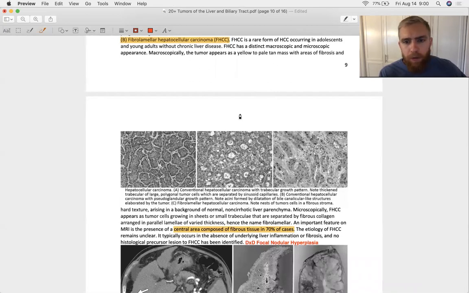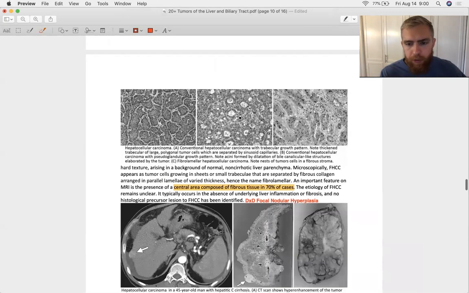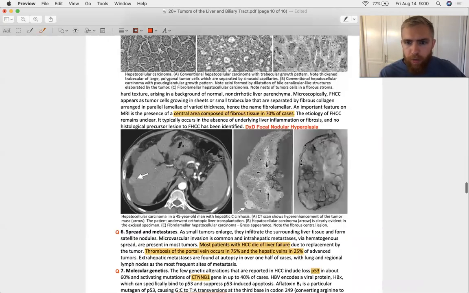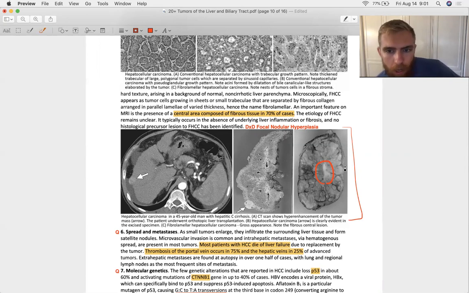Fibrolamellar hepatocellular carcinoma. The only reason they introduced this to you is to show you this picture right here on the right side of the screen with this stellate nodular center. And so what you need to be aware of is that this is not focal nodular hyperplasia. This is cancer, cancer, cancer.